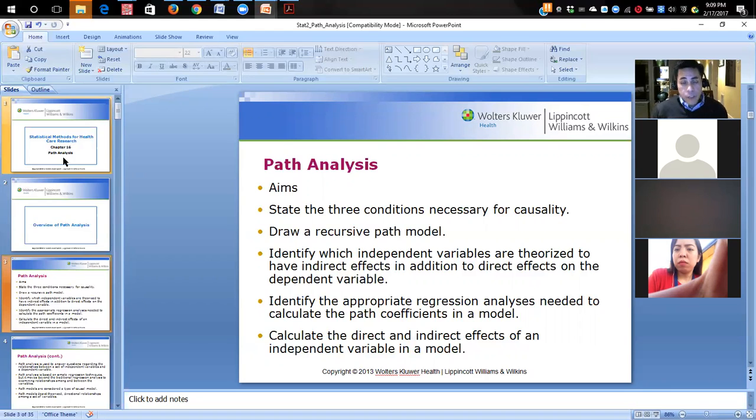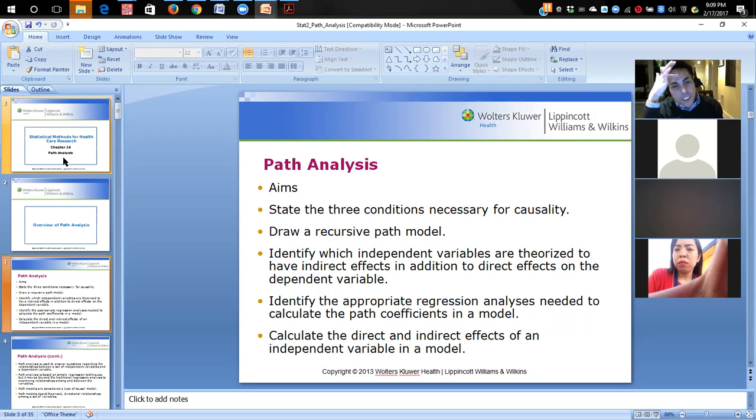It has to have one direction. It examines the relationship in terms of direct and indirect effects of 2 or 3 or 4 independent variables to a dependent variable with only one direction. It cannot be circular, which means non-recursive.